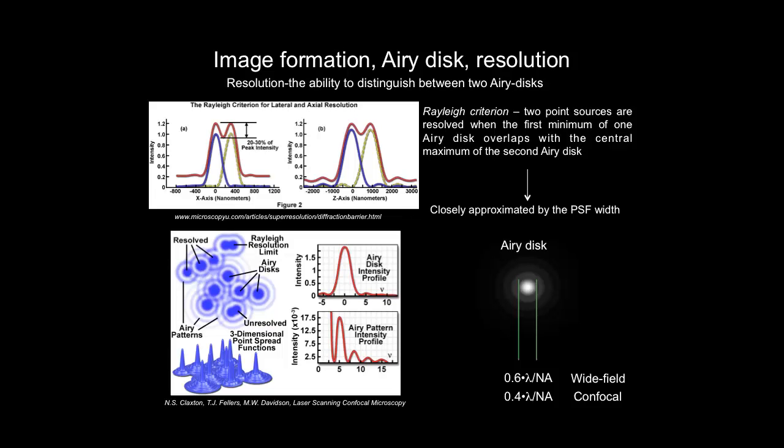Now I didn't introduce the numerical aperture, but that's defined by the angle of the illumination, or in this case, for the wide-field illumination, the angle of the collection. So the larger this angle, the larger the numerical aperture, so the better resolution we get. So that's the relationship between the resolution and the wavelength. Does that answer your question?